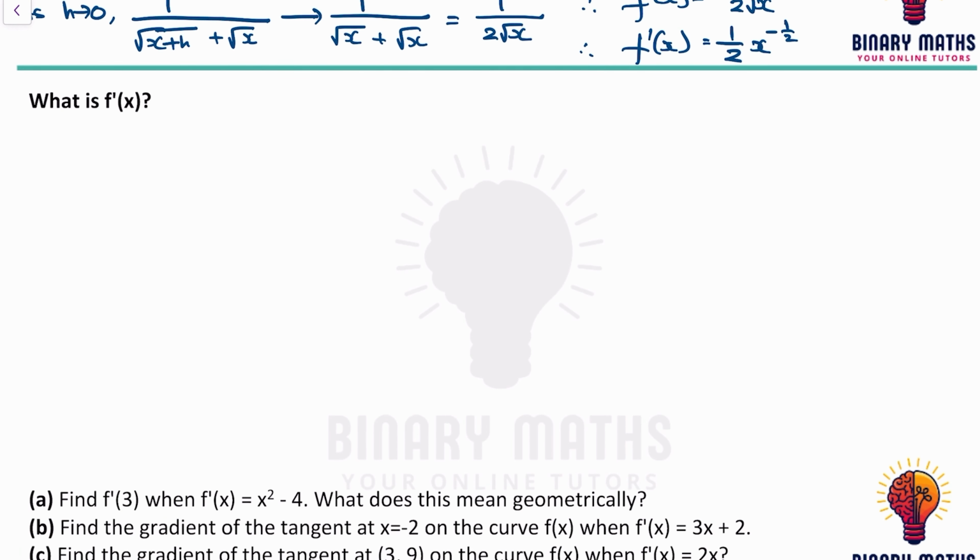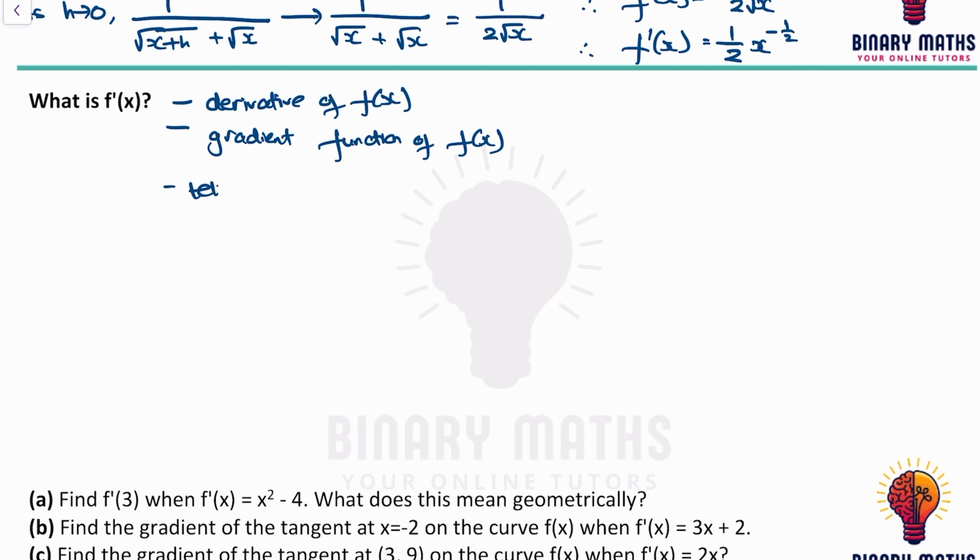Okay, what is f dash of x? So f dash of x is the derivative of f of x, or you can also call it the gradient function of f of x.